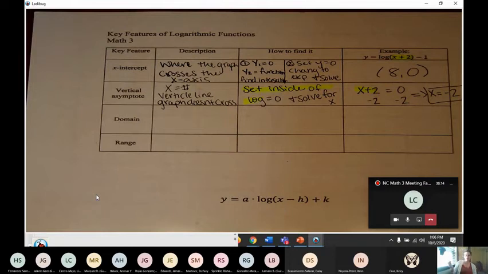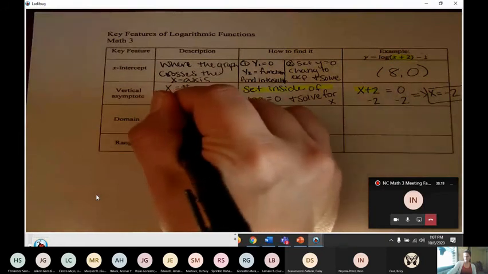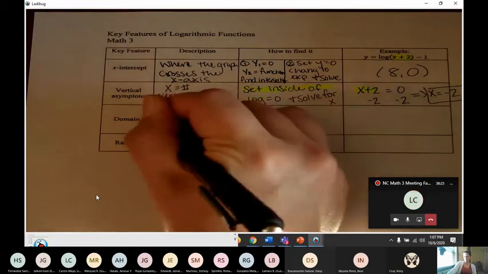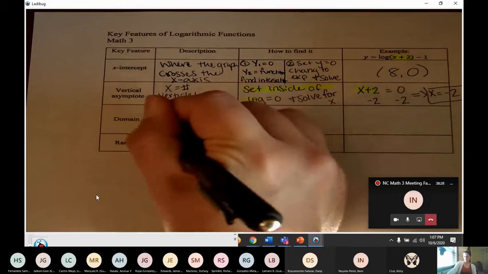All right. So the domain, our description, is going to be the x values that have a corresponding y value.